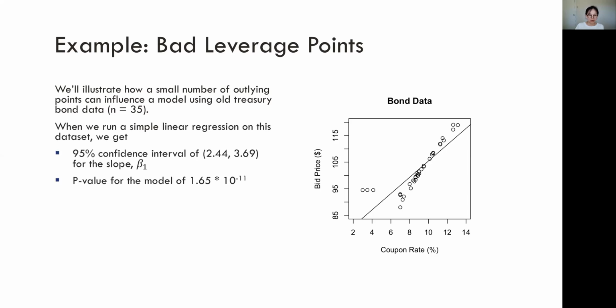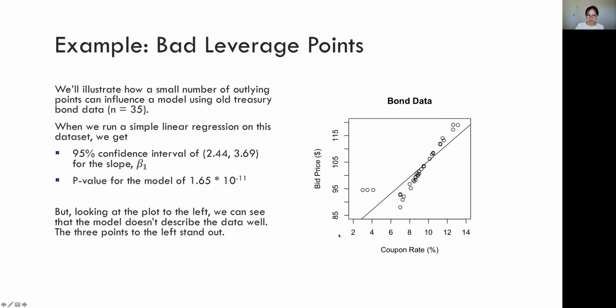So when we run a simple linear regression, I looked at the confidence interval of the slope being this, and the p-value for the model is small. It looks good, right? That means the x value, which is coupon rate, is highly significant.